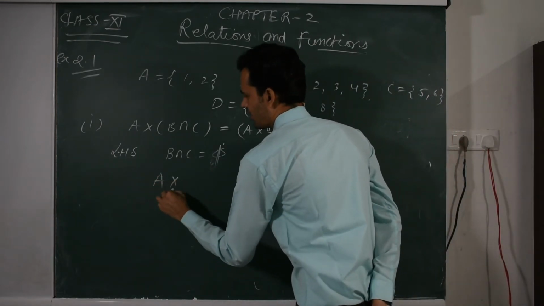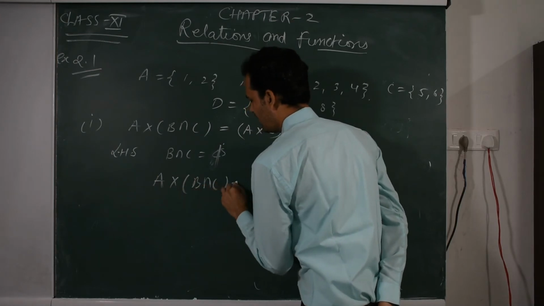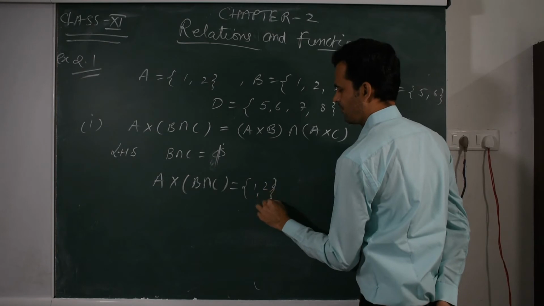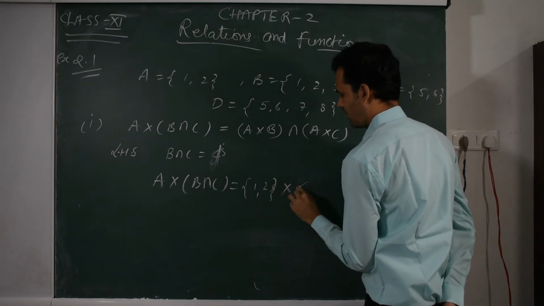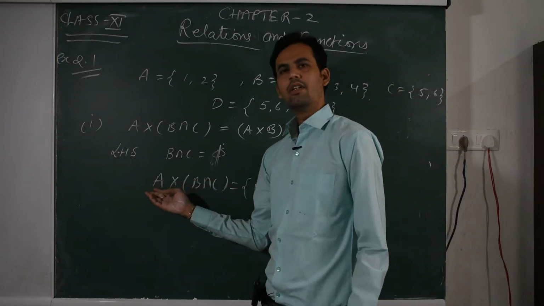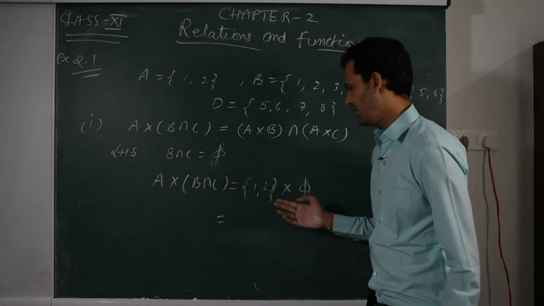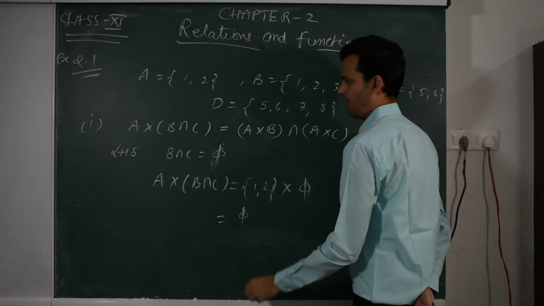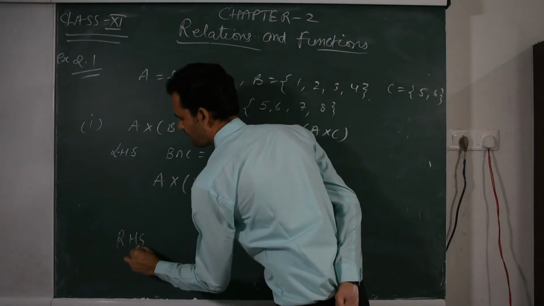Now A cross (B intersection C): A is {1, 2} cross phi. The product of set A into phi is phi. So LHS is phi.